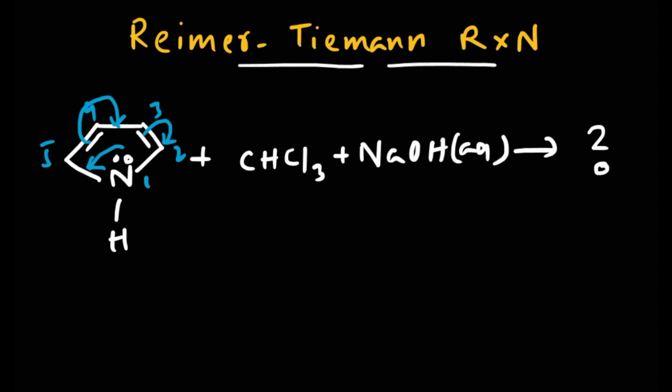So these two positions will become more electron dense, so here the aldehyde group will be attached, so the product will look like this. Here the aldehyde.